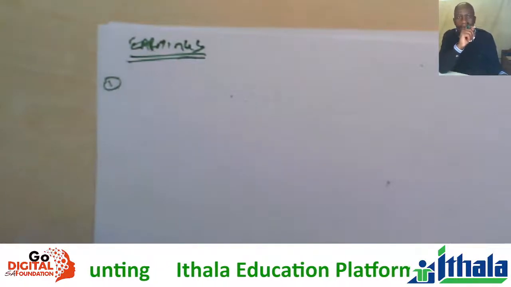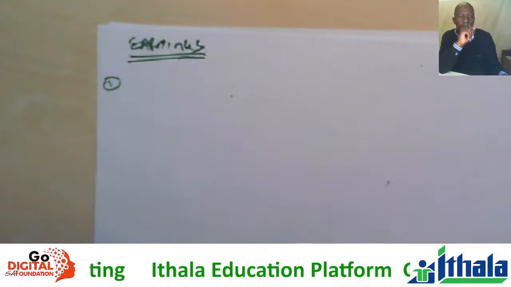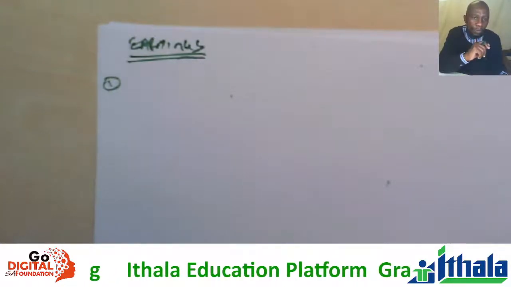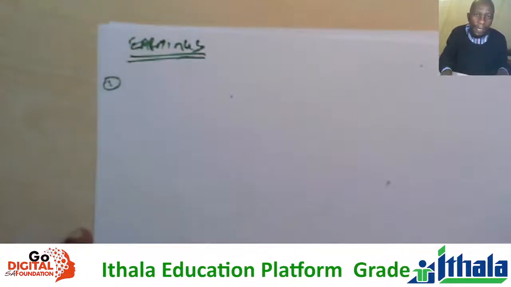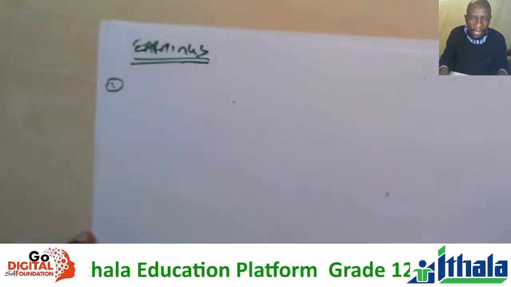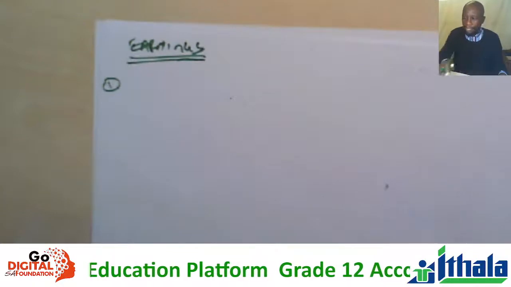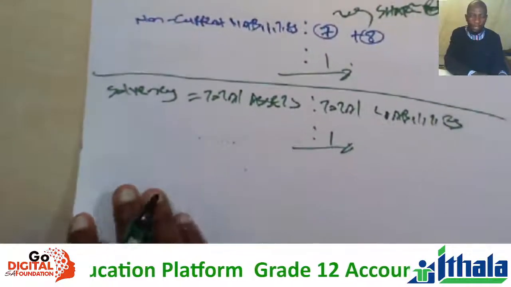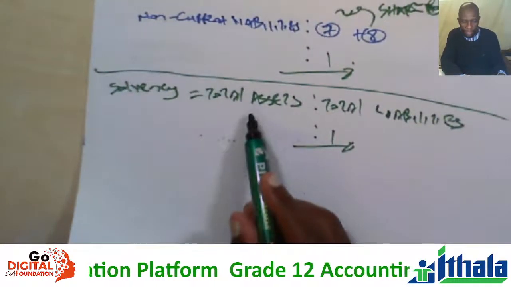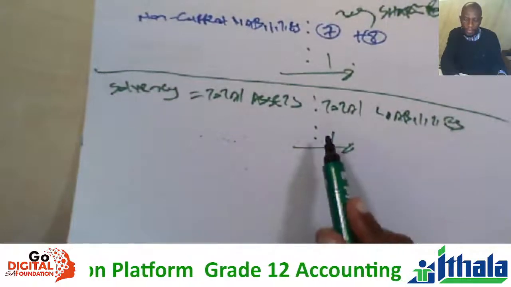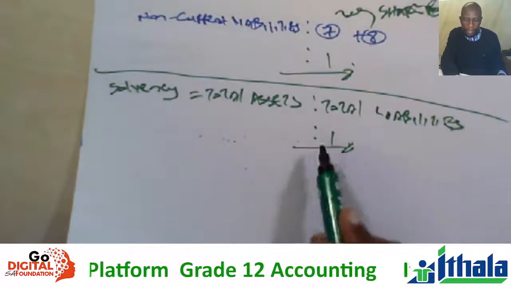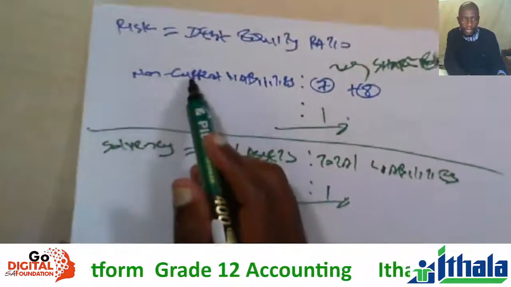Don't write the formula, it's a waste of time. Write the ratio, and write the figures accordingly. For instance, as I say here we're doing solvency, so we're going to write total assets figure, total liability figure, something is to 1. You go to risk, right?